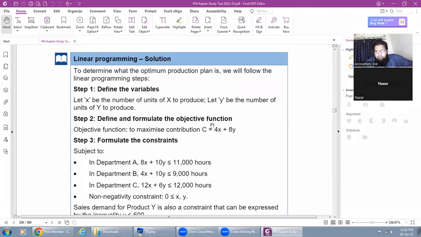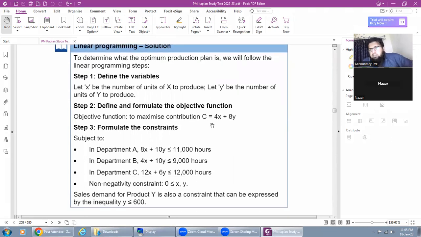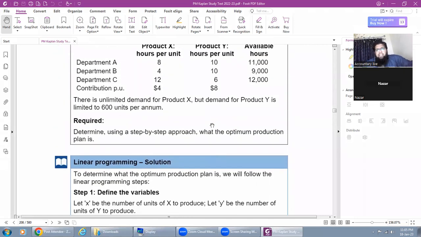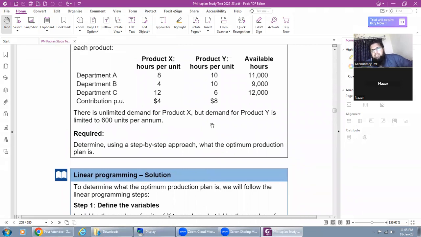Now we formulate the constraints, our limiting factors. For department A, what is the constraint? 8x plus 10y less than or equal to 11,000.